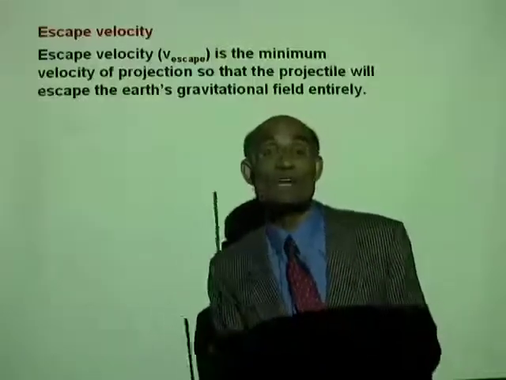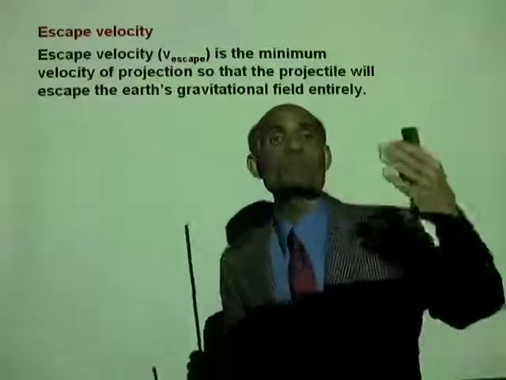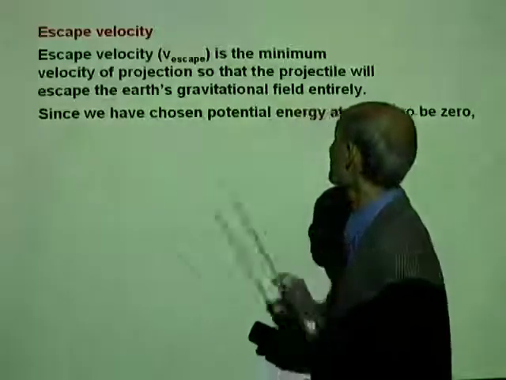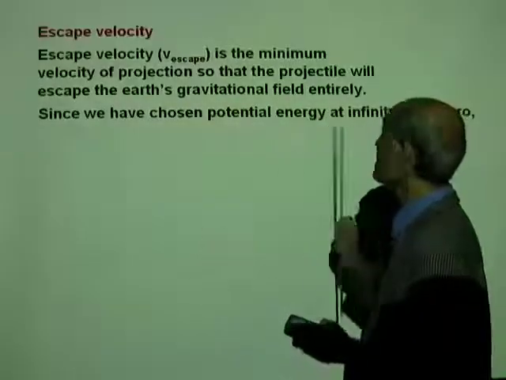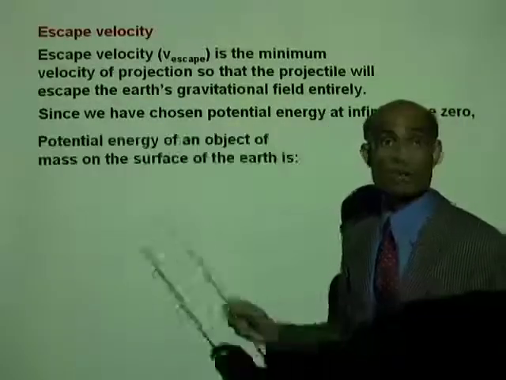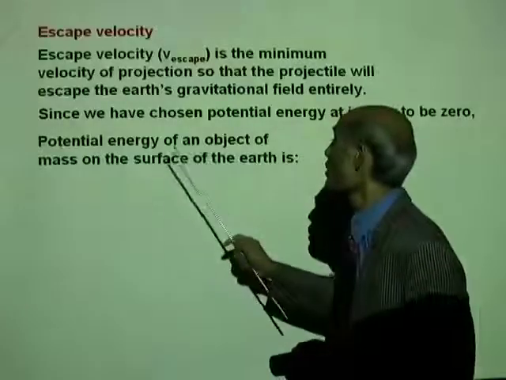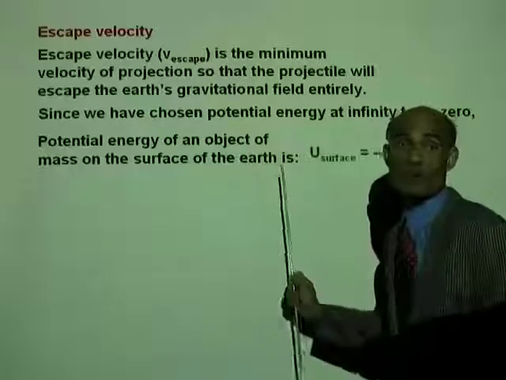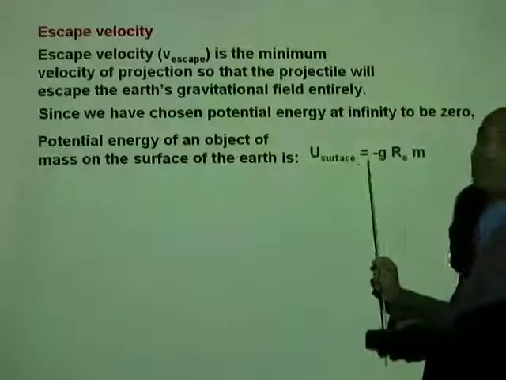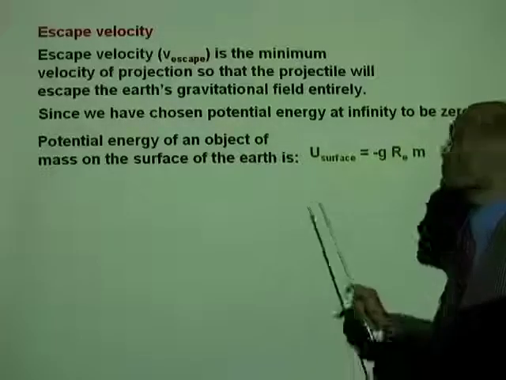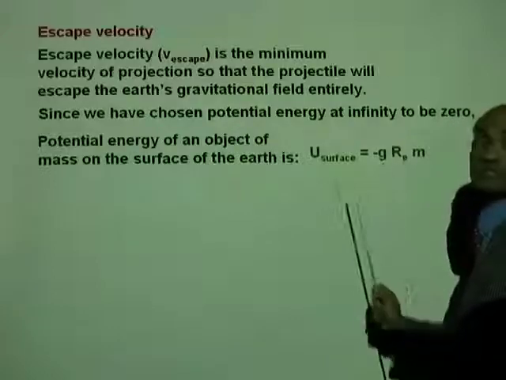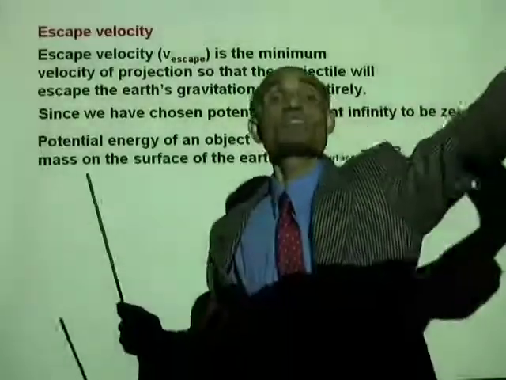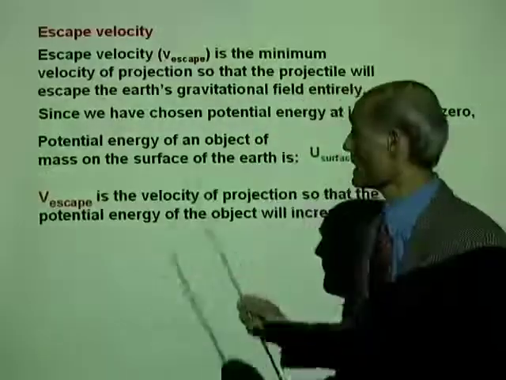In other words, its potential energy will become zero. That's the meaning there. Since we have chosen potential energy at infinity to be zero, the potential energy of an object of mass m on the surface of the Earth we know is this. This is the potential energy of an object on the surface of the Earth. The potential energy of the same object at infinity will be zero.